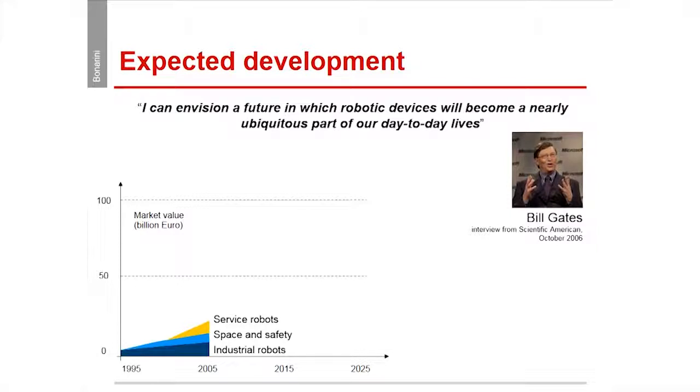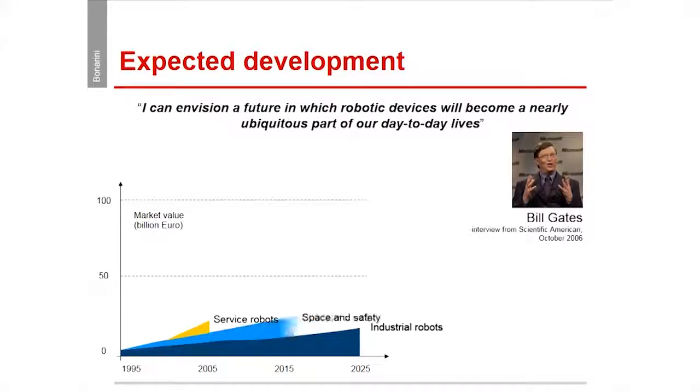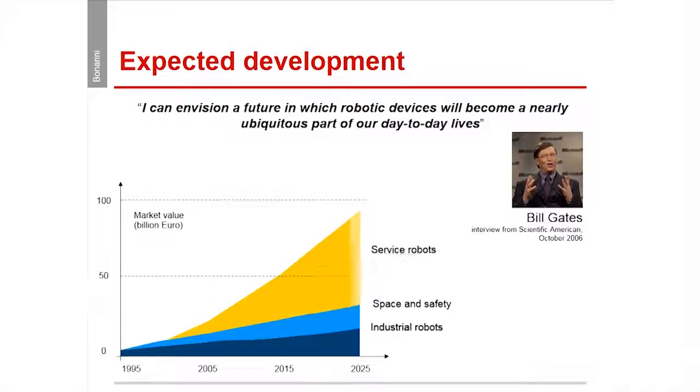And then things went like this. We have a little bit of crisis around these years. And this is the expectation for industrial robots, for space and safety, and finally for service robots. So service robots are expected to explode in the next years in, somebody says, a €1 trillion market.